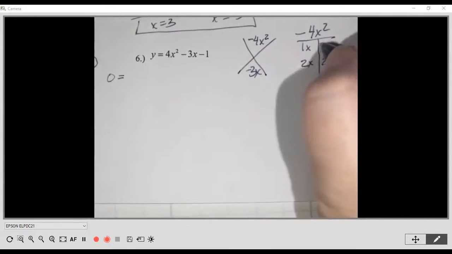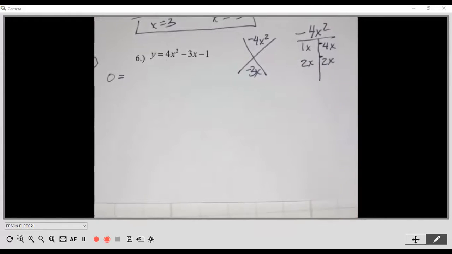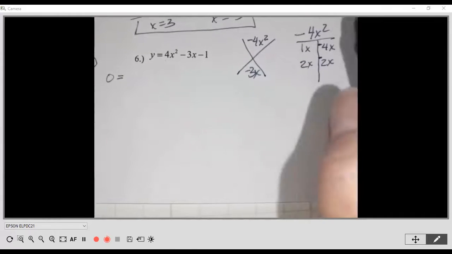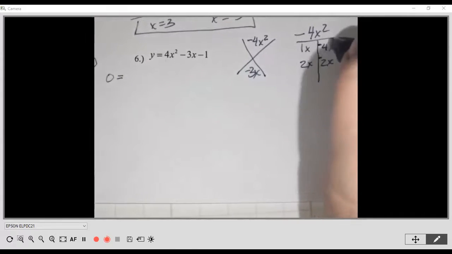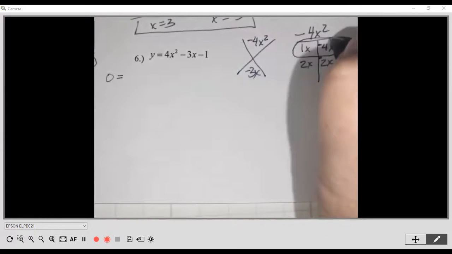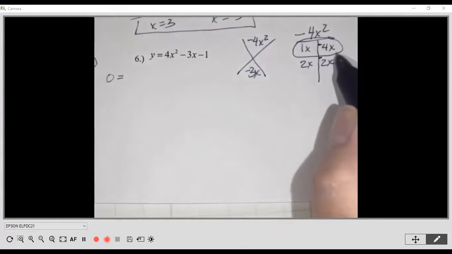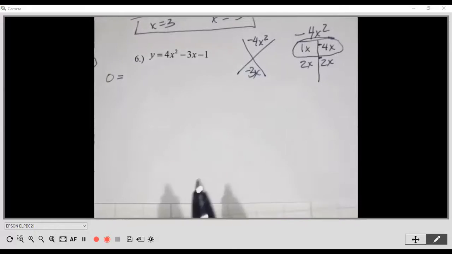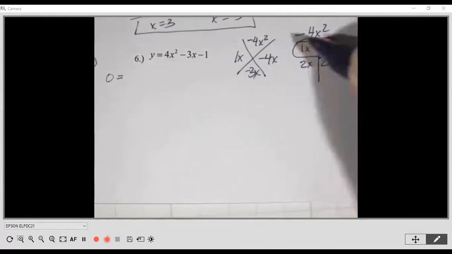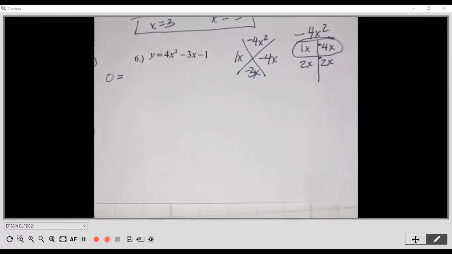So that means that the right-hand column holds the negative values. So this will give us a sum of negative 3x. Positive 1x minus 4x equals negative 3x. So these are our two terms, 1x and negative 4x.